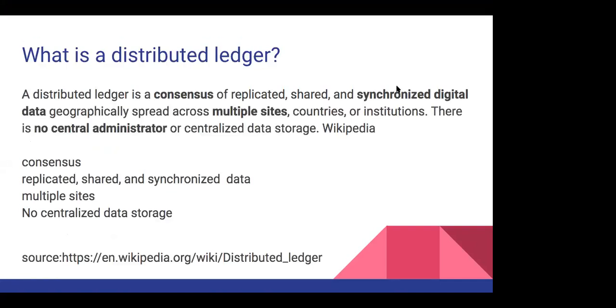A distributed ledger is just a more general term. It is a parent category of a blockchain. So distributed ledger encompasses public blockchains, permissioned blockchains, private blockchains. And it also more generally refers to a distributed or decentralized architecture.